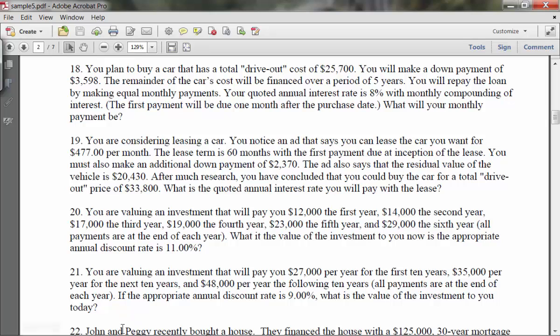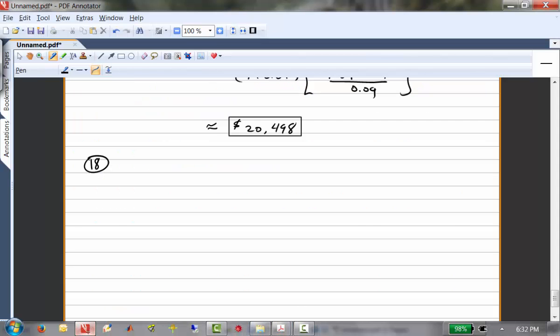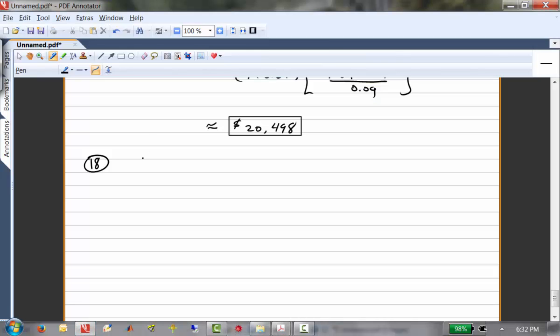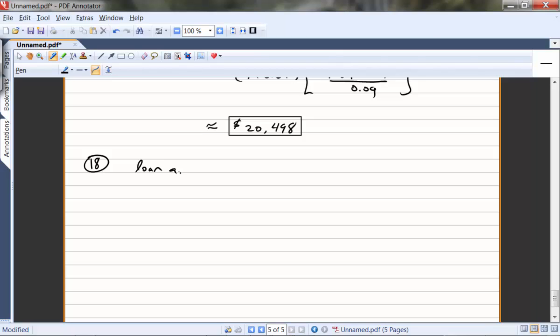Well, let's figure out how much money you're borrowing first. The car costs $25,700 and you make a down payment of $3,598. So what's the loan amount?